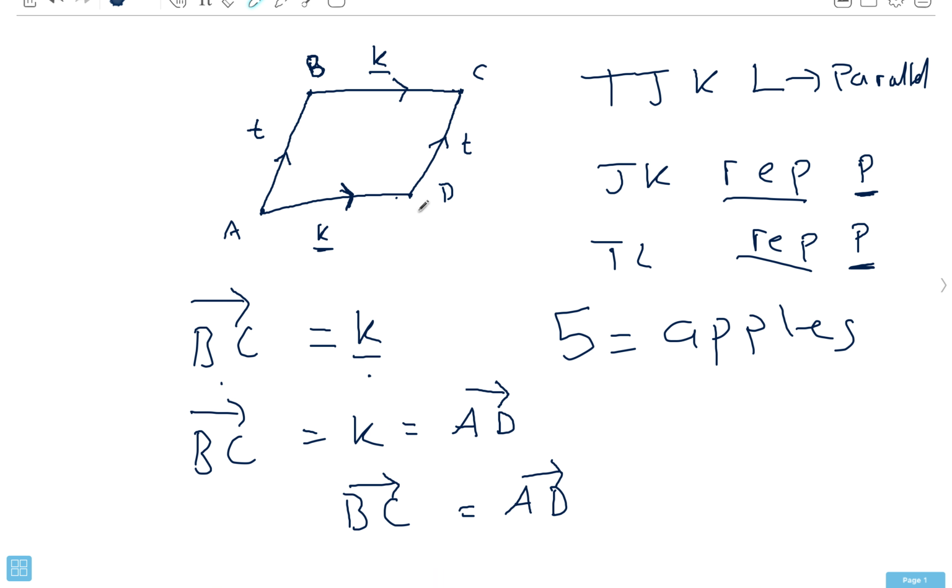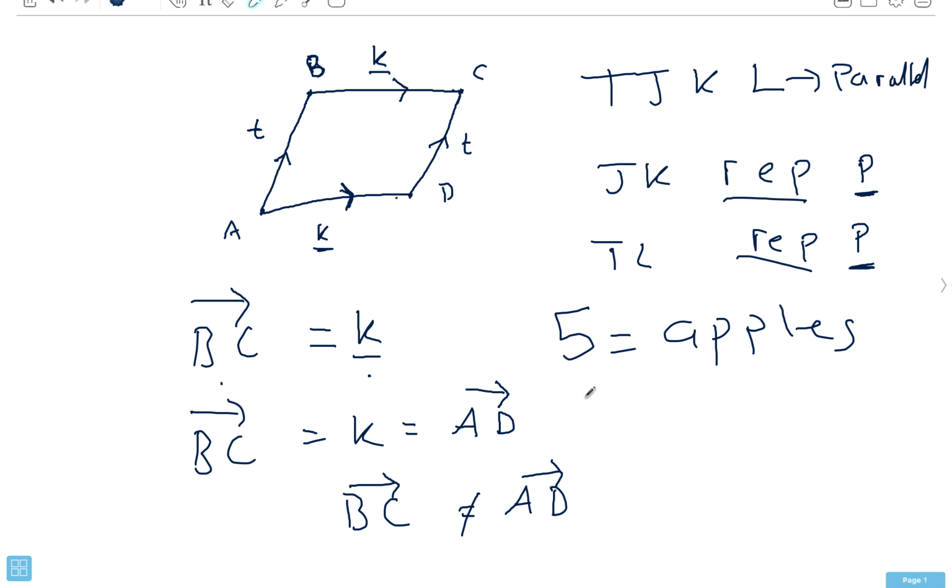However, we've defined bound vectors as being different if they have a different starting point, a different direction, or a different length. AD and BC do have the same length, but they have different starting points. They do have the same direction as well, but they just have different starting points. So this can't be true. BC does not equal AD.